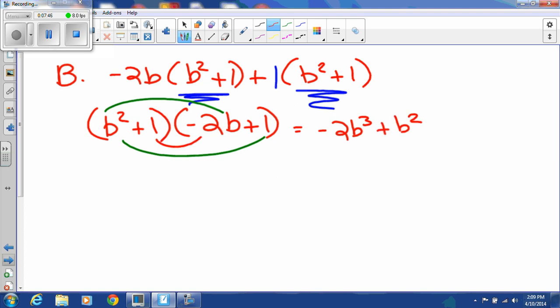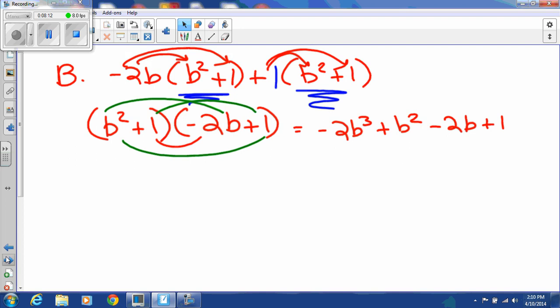Inside, 1 times negative 2b is negative 2b. And then last, we'll do 1 times 1, which is 1. Now, if we were to use the distributive property to multiply each of these terms, we would find we have the same answer.